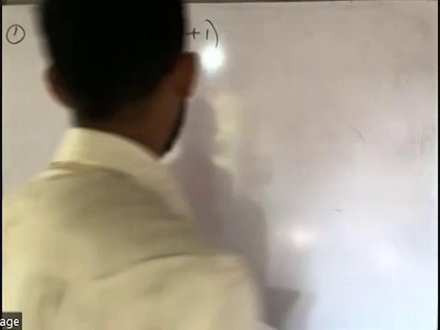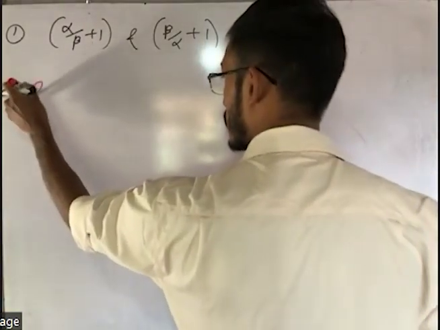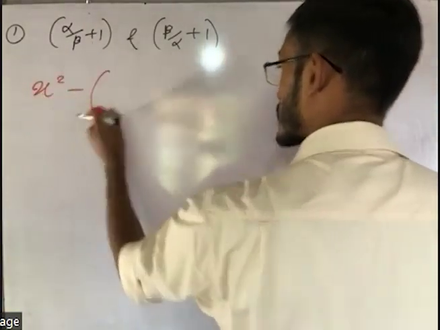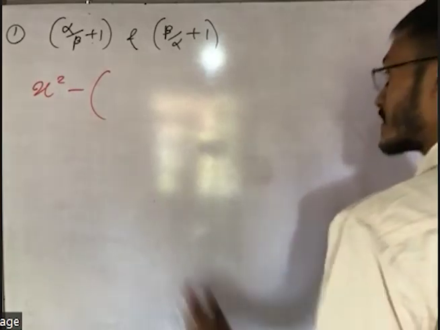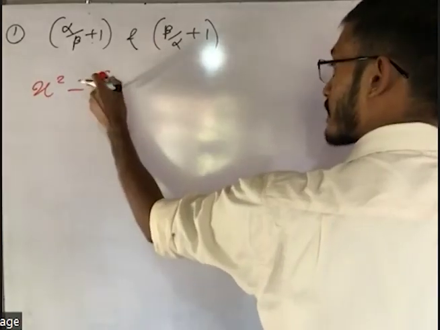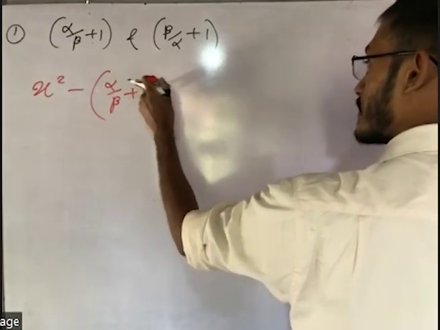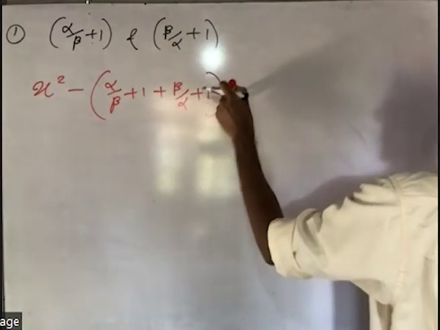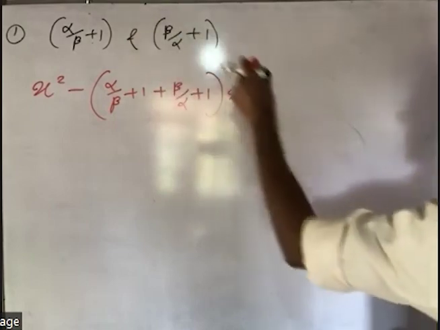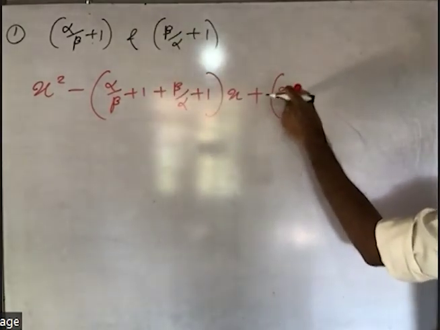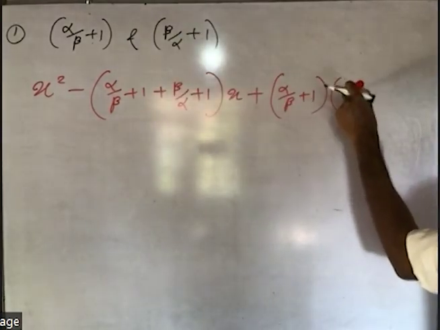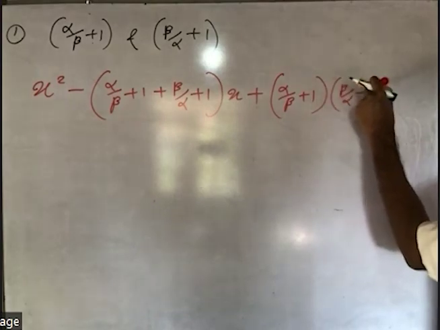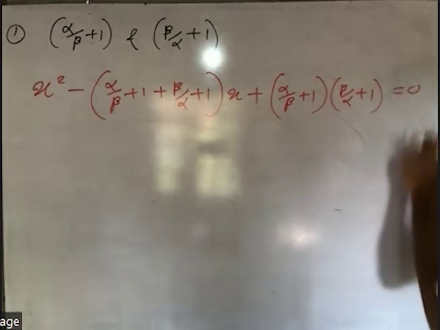The formula was x square minus sum of the roots. Sum of roots means this plus this. So alpha over beta plus 1 plus the second root beta over alpha plus 1 into x plus the product of the roots, alpha over beta plus 1 into beta over alpha plus 1, equal to 0.